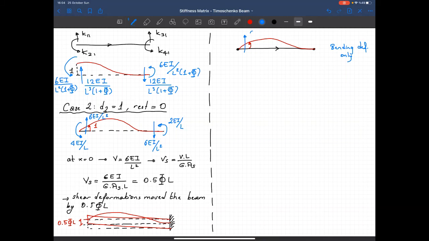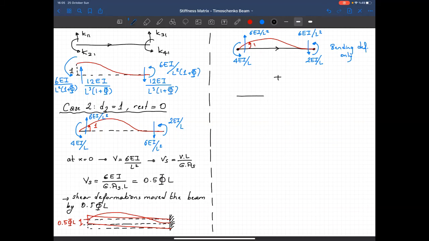Again, I got 6EI over L squared, 6EI over L squared, 4EI over L, and this one is 2EI over L. This is the case when we have the bending deformation, but there's a but.